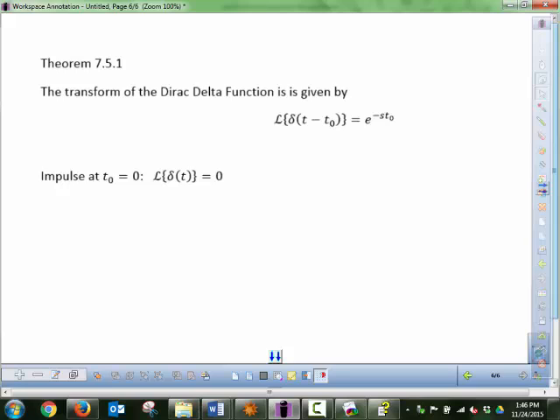And an interesting fact is that when t naught is equal to 0, the Laplace transform is 0. Is that right? What? Yeah, I think this should be 1. My notes might be wrong. Anybody have their book open to this? I don't know what page. Theorem 7.5.1.